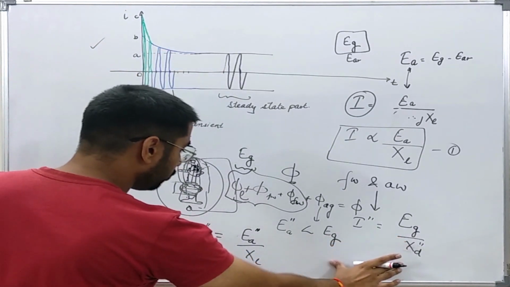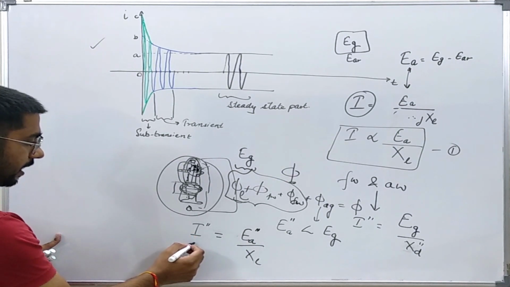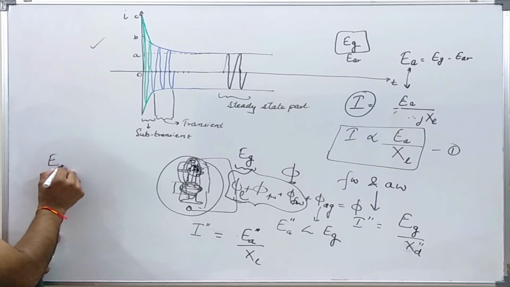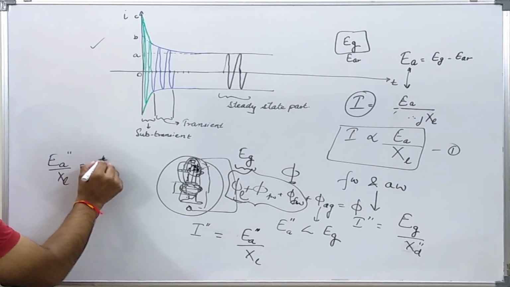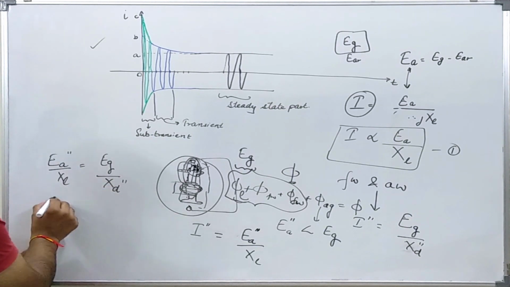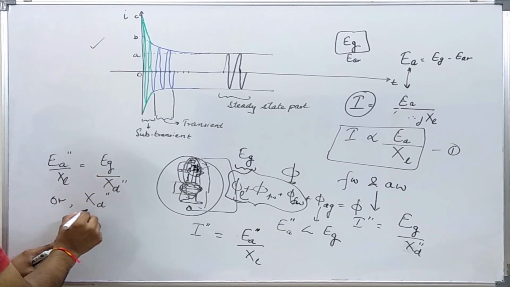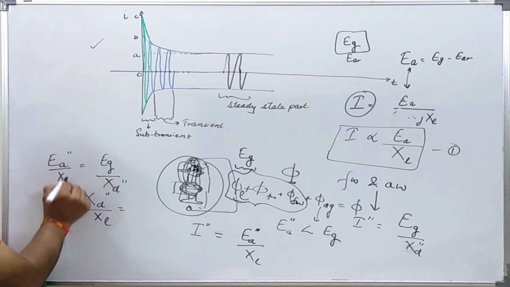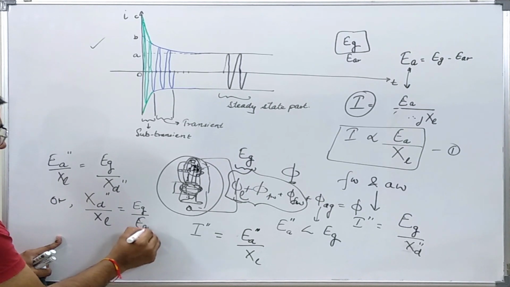So comparing these two, I will take the ratio here. Ea double dash over XL is equal to Eg over Xd double dash, or Xd double dash over XL is Eg over Ea double dash.